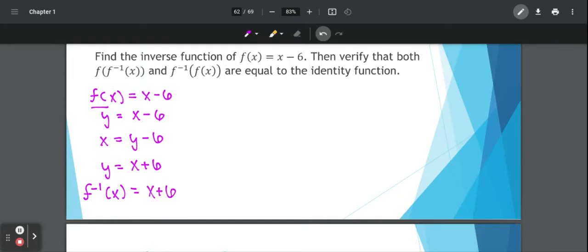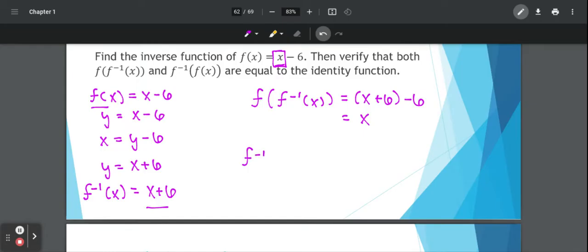And then if we want to verify, so if we do f of f inverse of x, that means that we're plugging the inverse into the x coordinate in the original function. So we would have x plus 6, which is what we're plugging in here, and then minus 6. So you would get x.